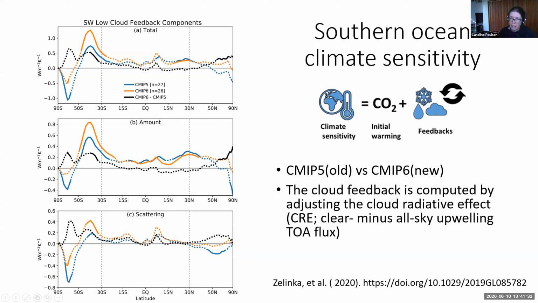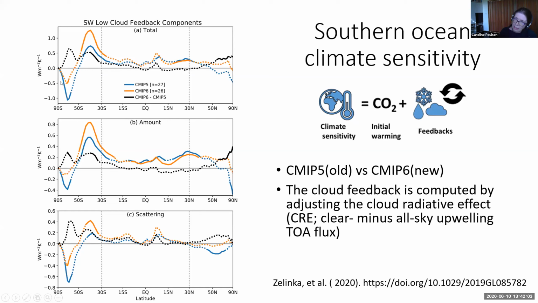And you can see that the southern hemisphere is a really important area. So this is showing the results to a quadrupling of CO2. And the blue lines are showing the old model. The orange lines are showing the latest model. And if you just focus on the top plot, which is just showing you the total contribution, you can see that this has increased for the newer models.